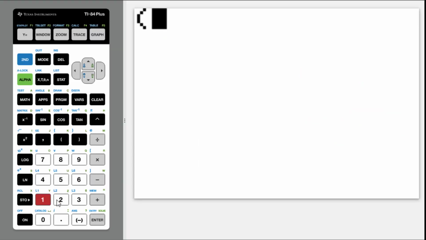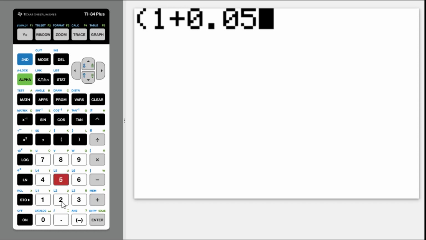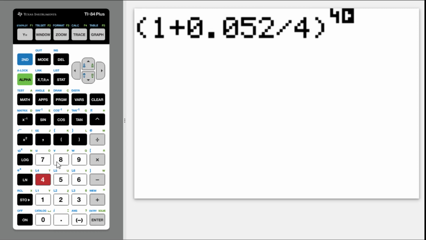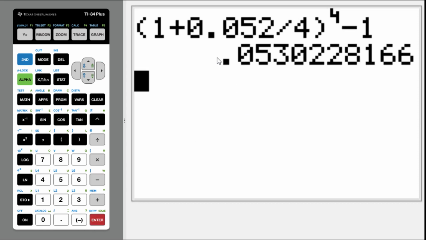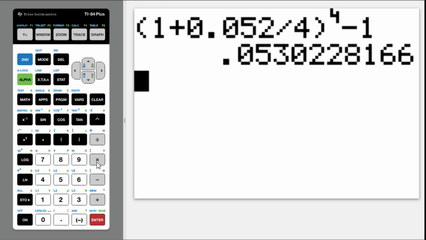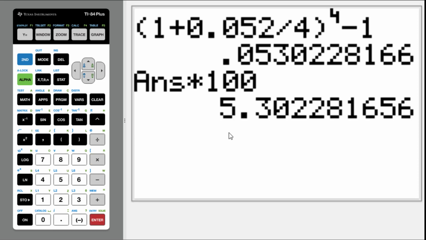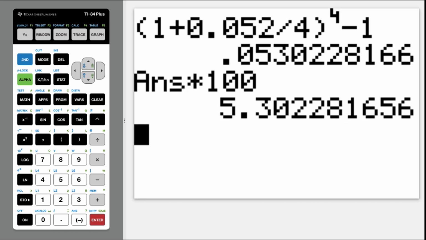We will get 1 plus 0.052 divided by 4, then to the 4th power, minus 1, equals 0.0530. Then we change this into percent. We will get 5.30228%.